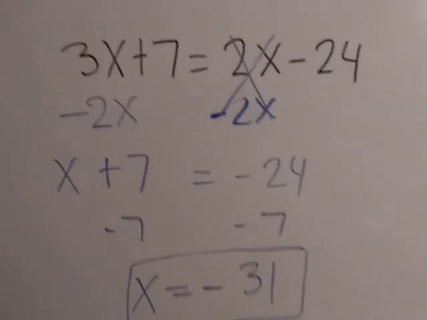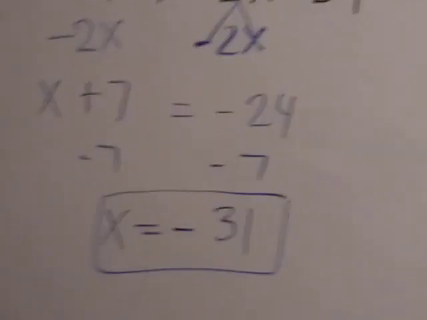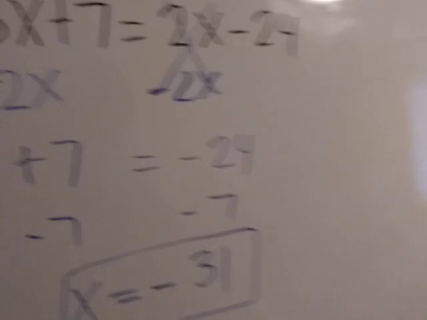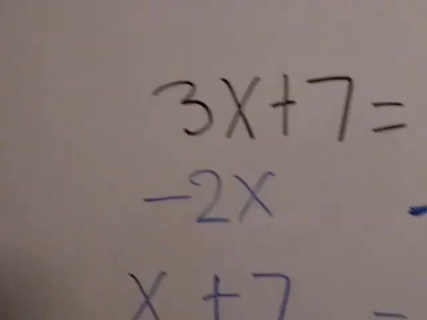Okay, I'm going to erase this here from the board because I'm going to show you another example as well. Give me 1 second. Okay, the next example is going to be, again, throwing you a curveball here.